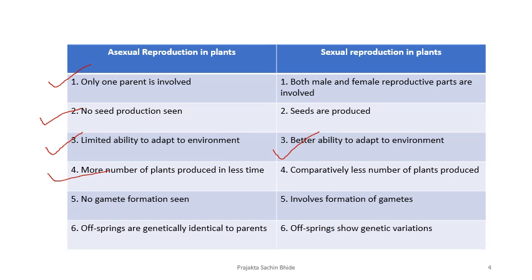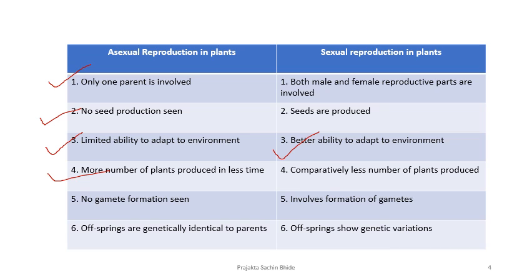You want a big harvest, though that will depend upon the variety of the plant. So more plants in less time with asexual reproduction, whereas with sexual reproduction, comparatively fewer plants are produced.